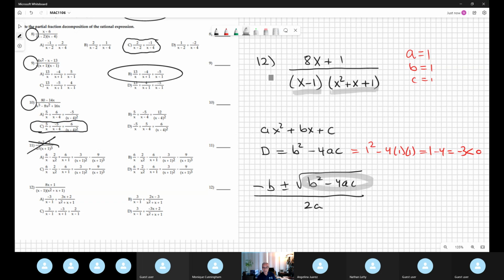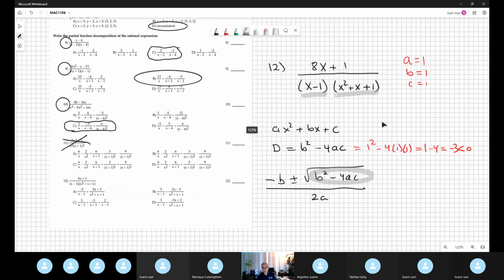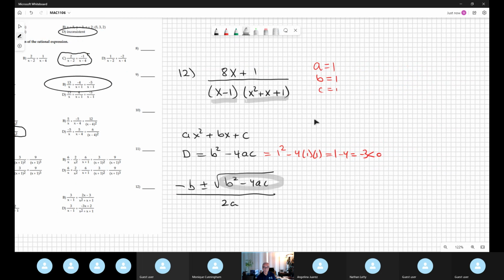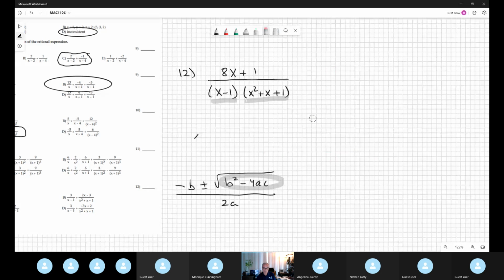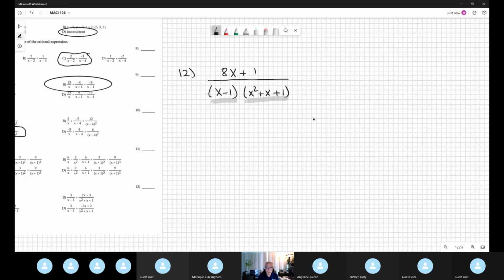And the procedure is different. I suppose you understand this, no? This is trivial. I explain again because I want to make sure. Okay, so the decomposition is over x minus 1, plus over x squared plus x plus 1. This is degree 1, but this is degree 2.